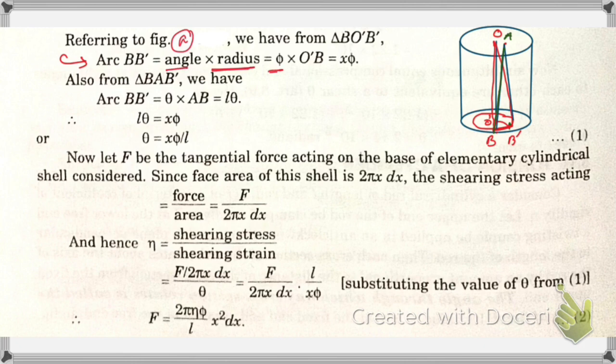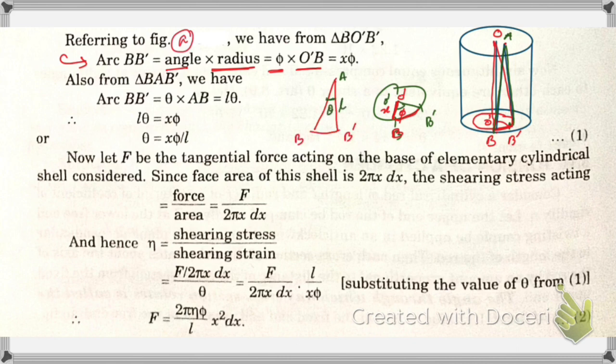So the angle is phi, cross O dash B, which is the radius. This is B dash, this is O dash, the radius is O dash B, and phi is the angle between them. I have considered O dash B to be x. Let me consider it that way.